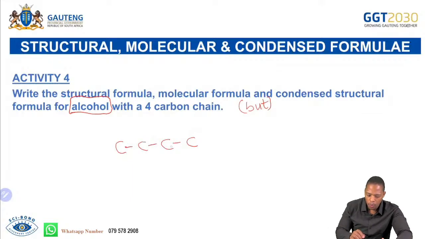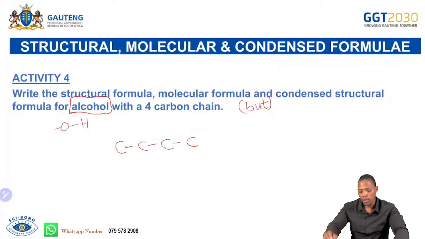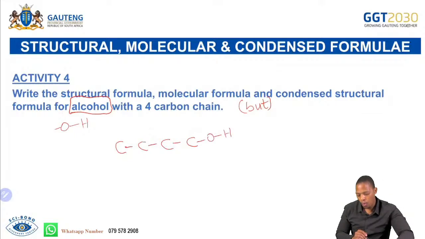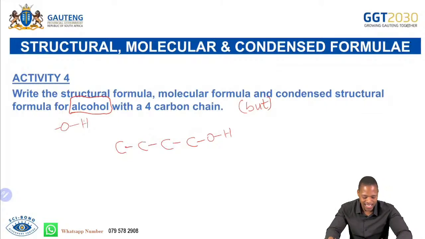Then how will we identify that this is an alcohol? Structurally, an alcohol is identified by a hydroxyl group. If you remember, the O bonded to the H. And this O must be bonded to one of the carbons. For simplicity, I'll put it here as O bonded to H. And it is important that the bond between the O and the H is indicated, grade 12.